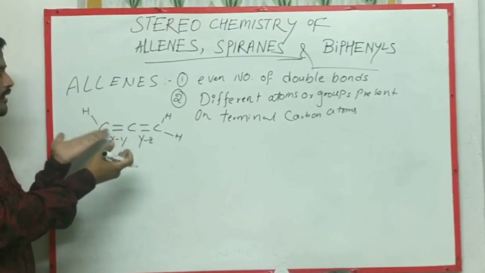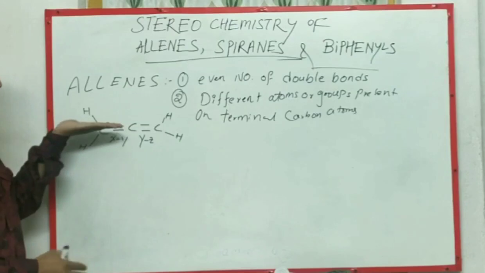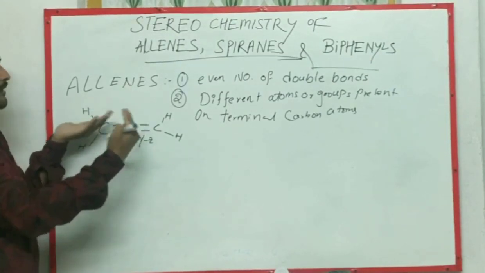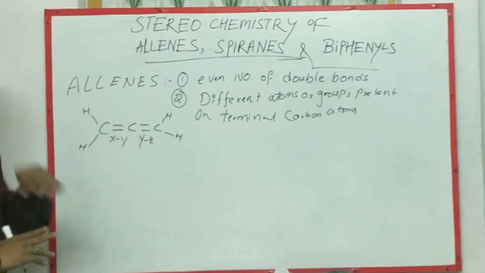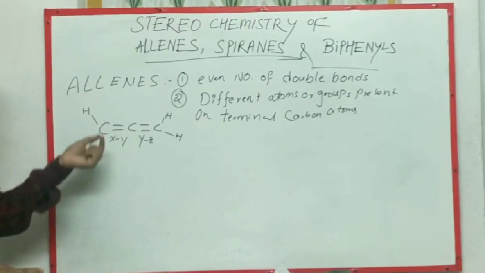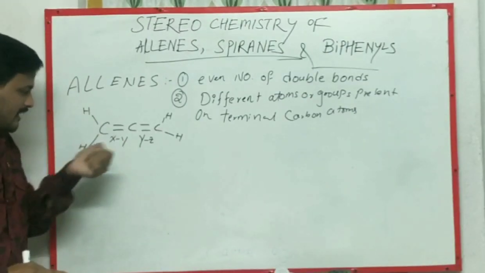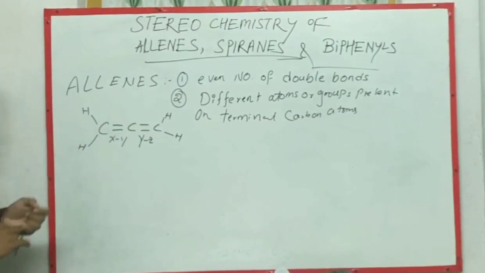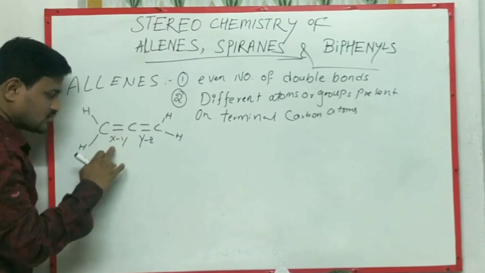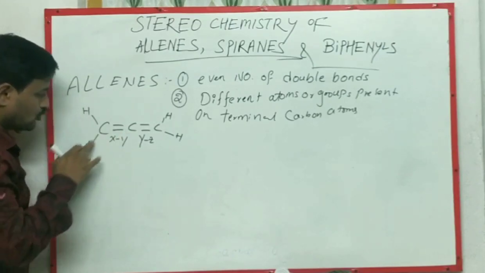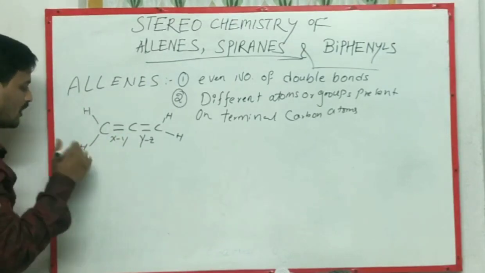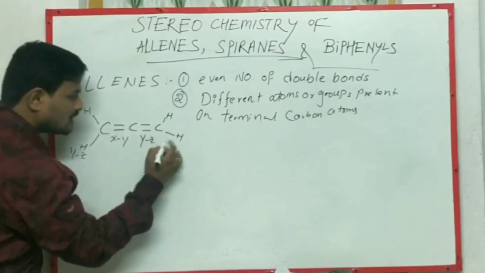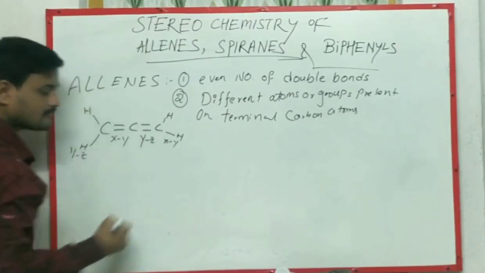This double bond exists like this, and this double bond exists like this, perpendicularly. This is the XY plane, and this double bond is present in the YZ plane. At the same time, these two hydrogens are present in the YZ plane, and again these two are present in the XY plane. How?